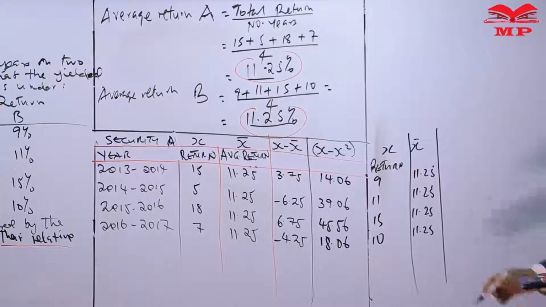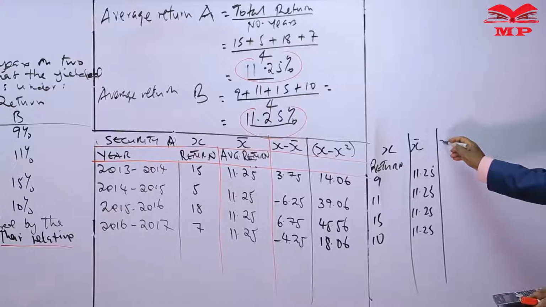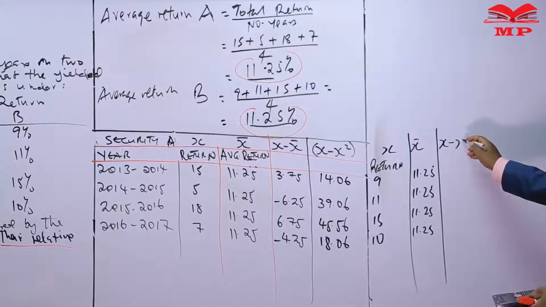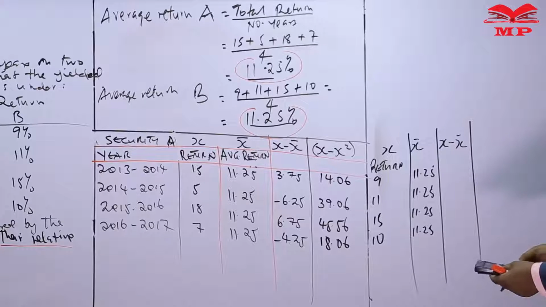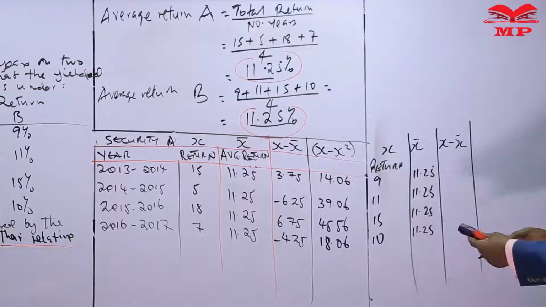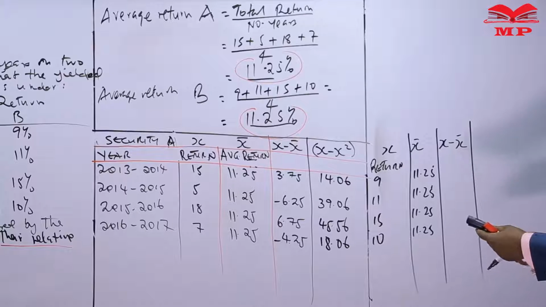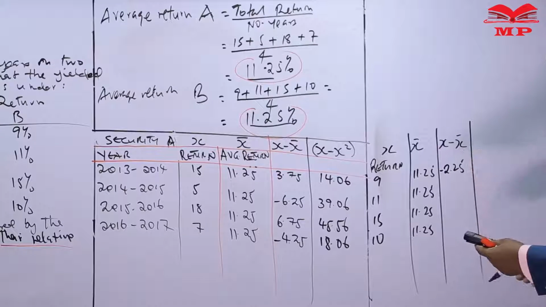The deviation here, X minus X bar, the average. We take the 9, this one, X, minus 11.25, this is equal to negative 2.25.